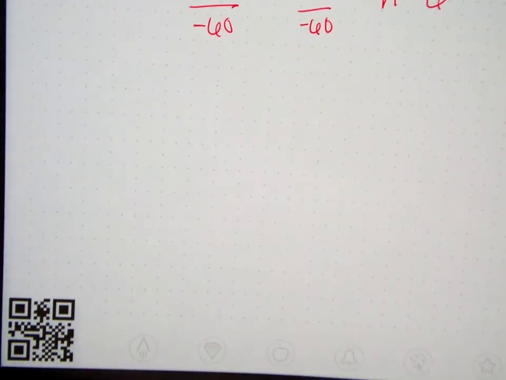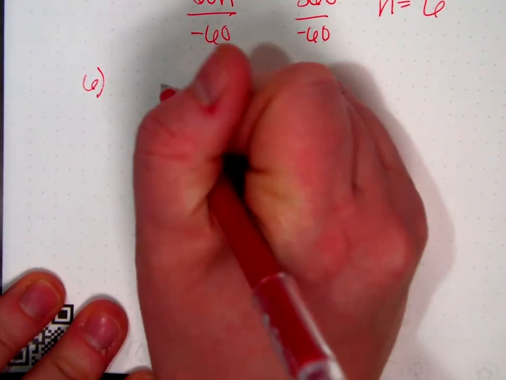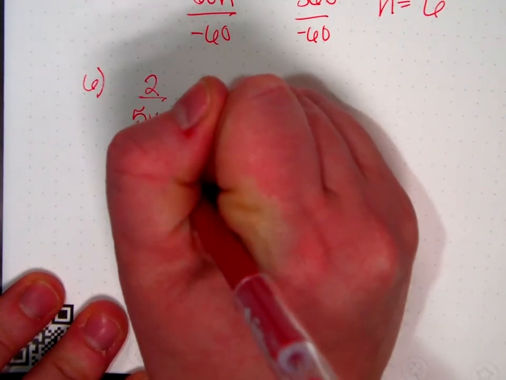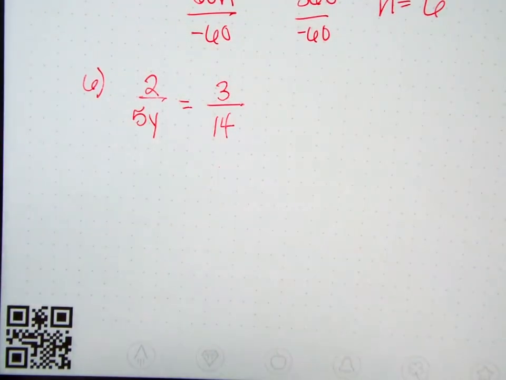All right, number 6. 2 over 5y equals 3 over 14. These are ratios, which are a proportion, which if you've seen any of my stuff up on my boards for geometry for the last few days, you're just cross multiplying and dividing.